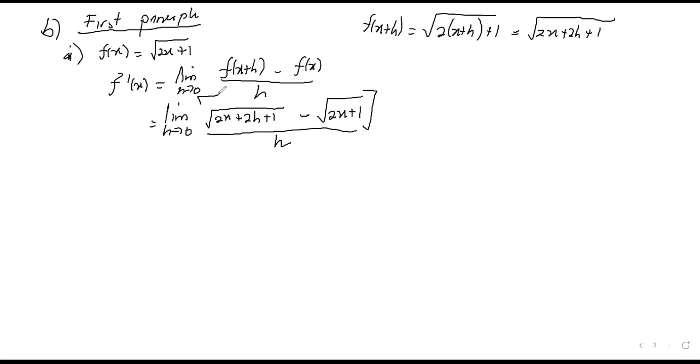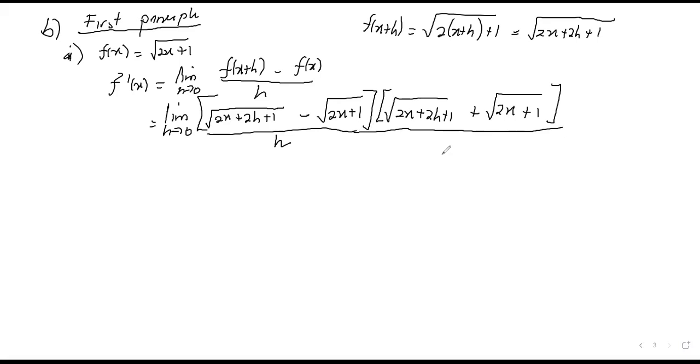So we multiply by the root of 2x plus 2h plus 1 plus the root of 2x plus 1, and also down, we multiply by the same. So we'll get the limit as h goes to 0.